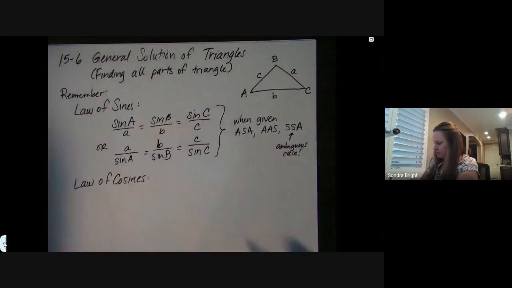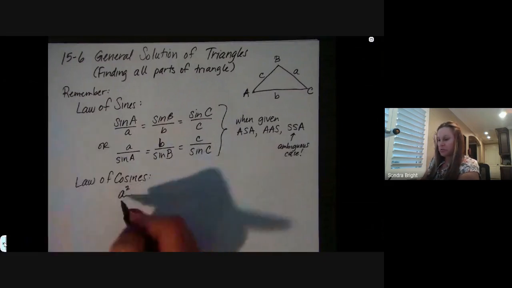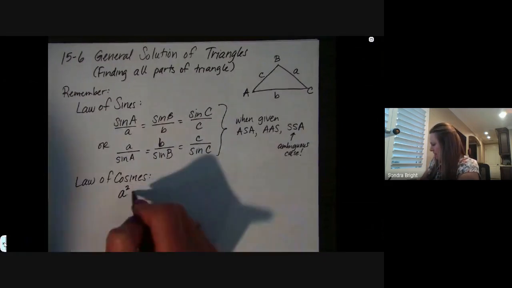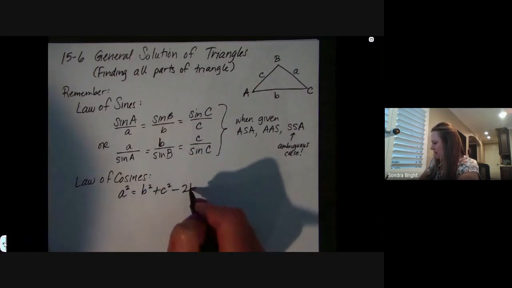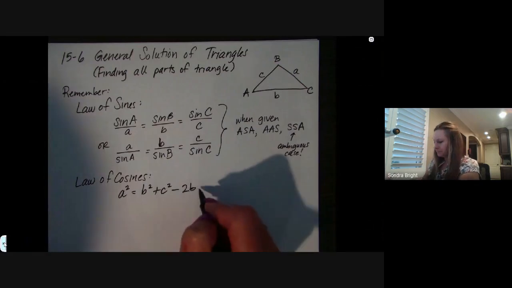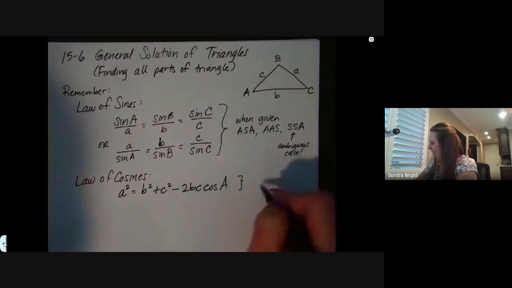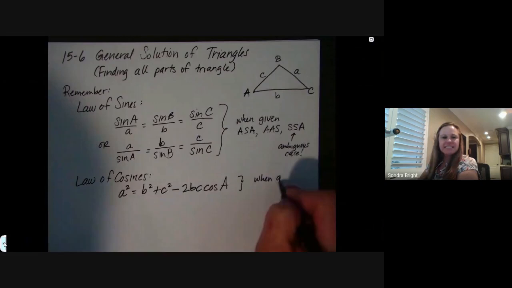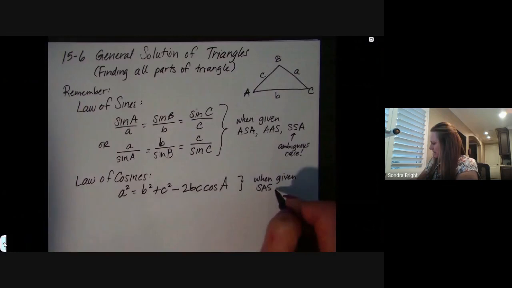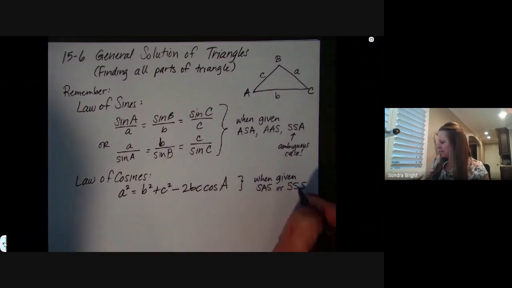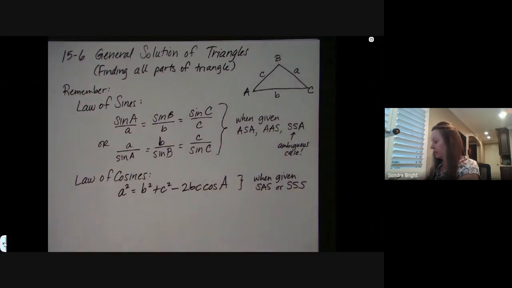The side opposite the angle that you're using in this formula is equal to the other side squared plus the other side squared minus 2 times the side times the side times the cosine of the angle opposite the first side. And you're going to use the law of cosines when you're given SAS or SSS, a side, angle, side or side, side, side. SAS or SSS, that's the law of cosines. And then we also did, yep, we're going to find everything.